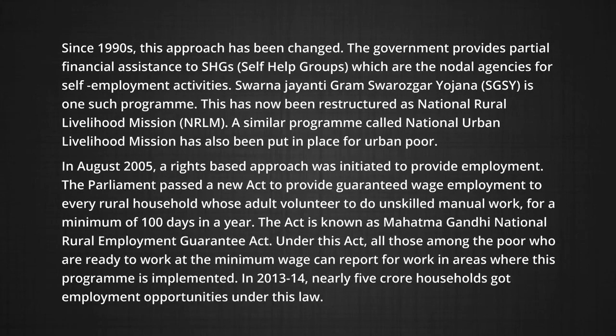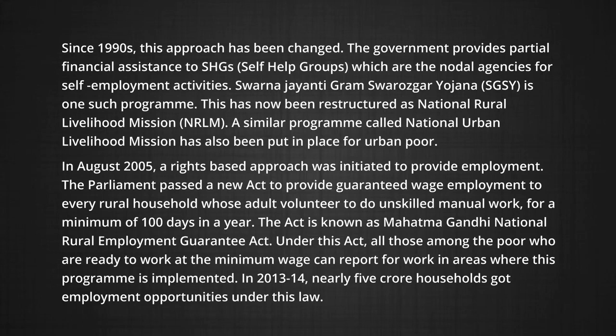Now, in August 2005, a rights based approach was initiated to provide employment. The Parliament passed a new act to provide guaranteed wage employment to every rural household whose adults volunteer to do unskilled manual work, for a minimum of 100 days in a year.